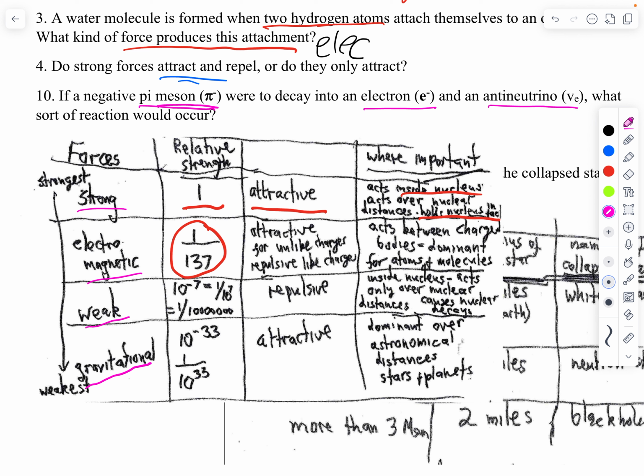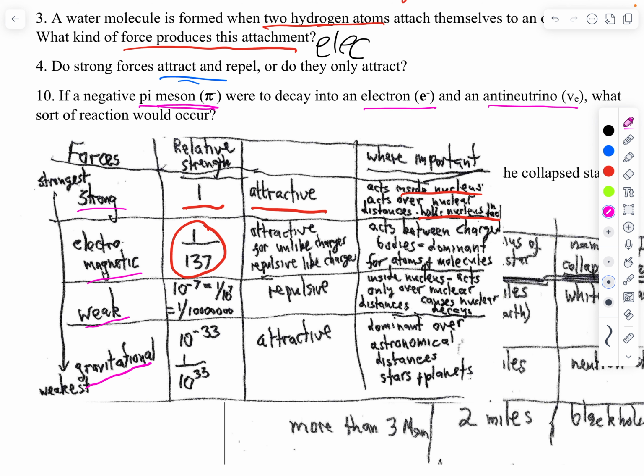These are very small. I can't recall the specific term for them right now, but they're very small, within the nucleus, even smaller than the proton.